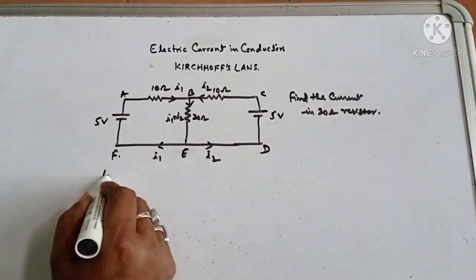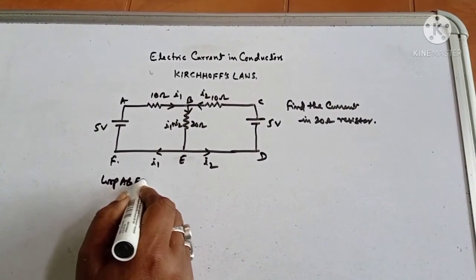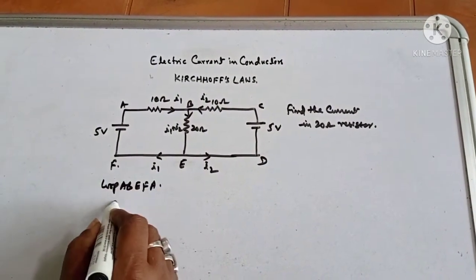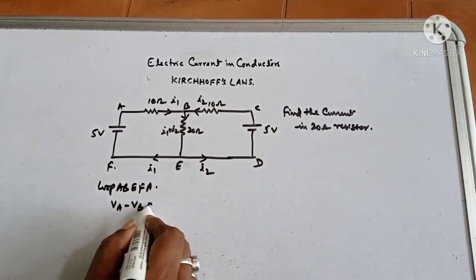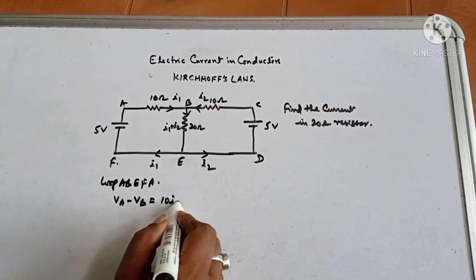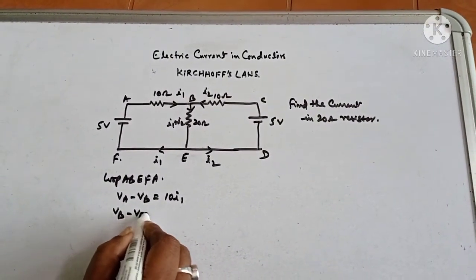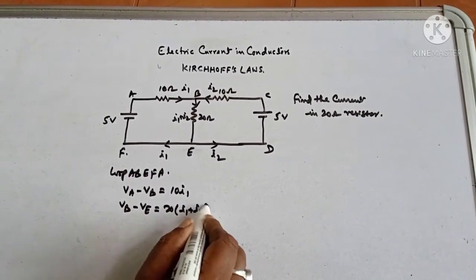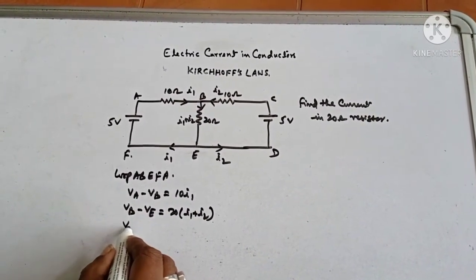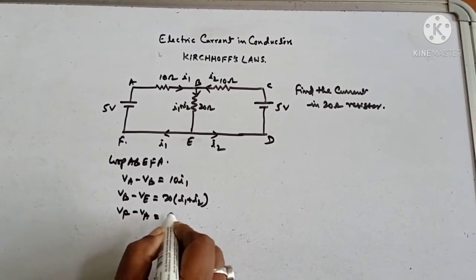Now you will consider the loop A, B, E, F, A. Here again VA minus VB is equal to 10 I1, and VB minus VE is equal to 20 into I1 plus I2, and VF minus VA is equal to minus 5.